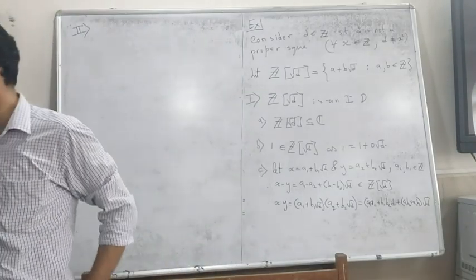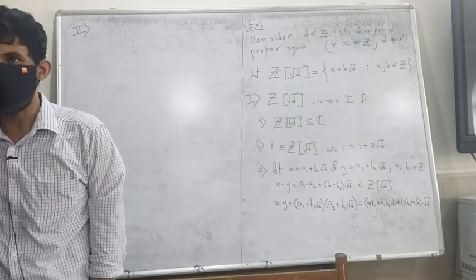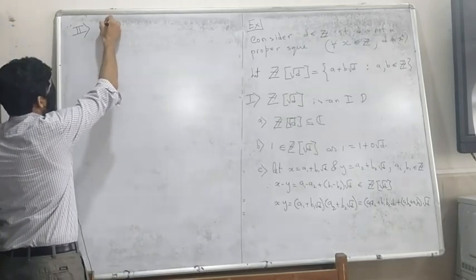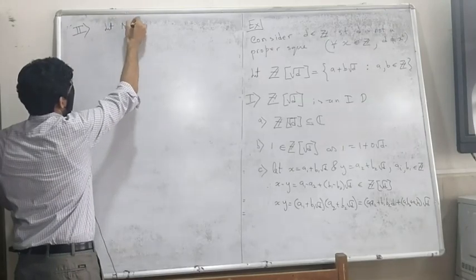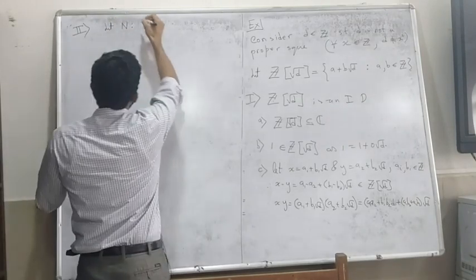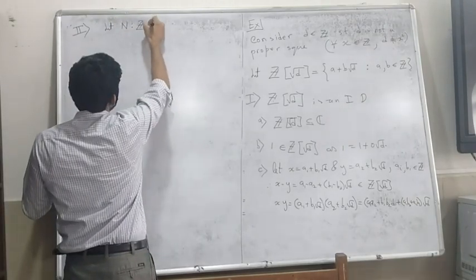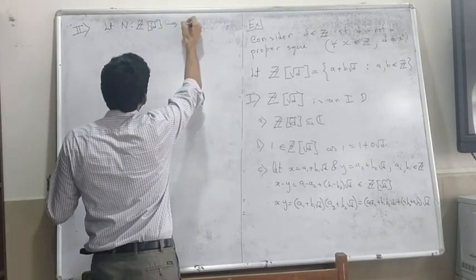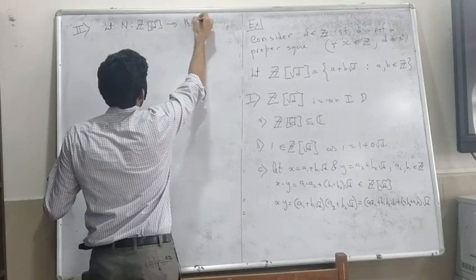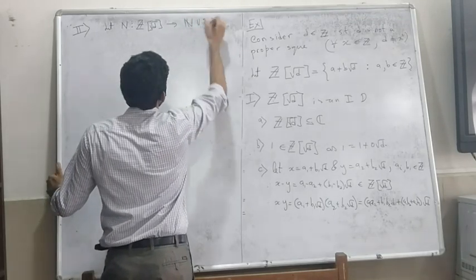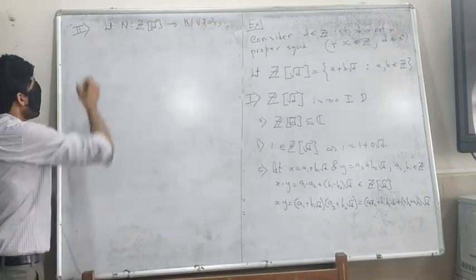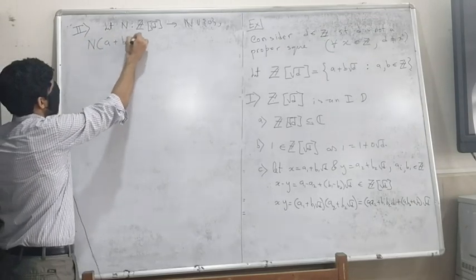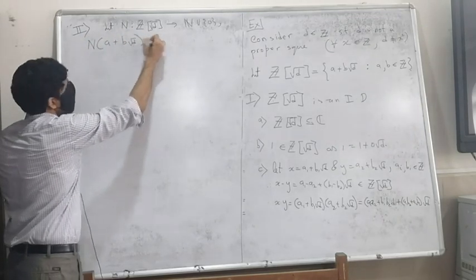I think they call it the norm, I'm not sure, but I think we denote it by N. So let N be the function from Z root D to the set of natural numbers union 0, defined by N of any element a plus b root d.